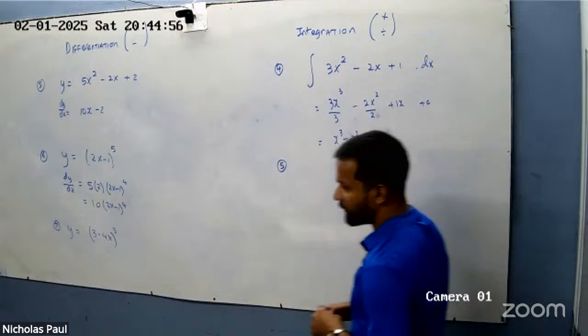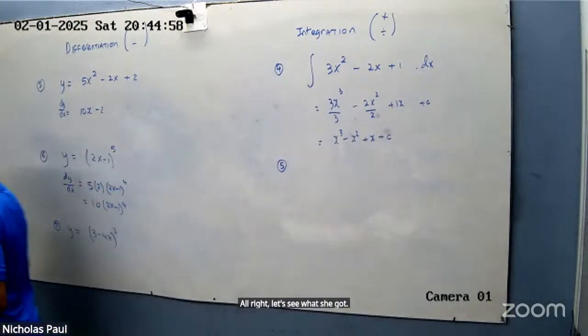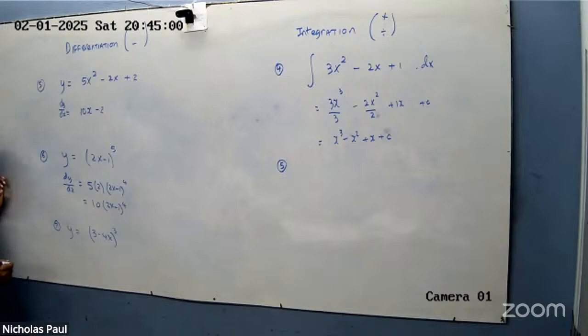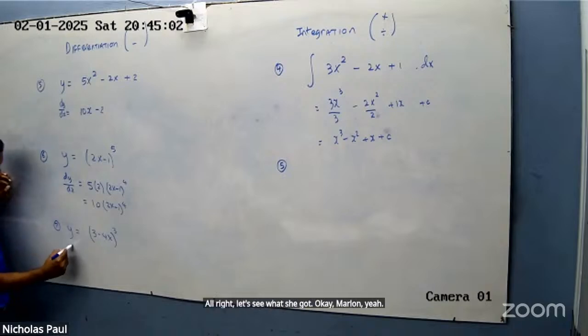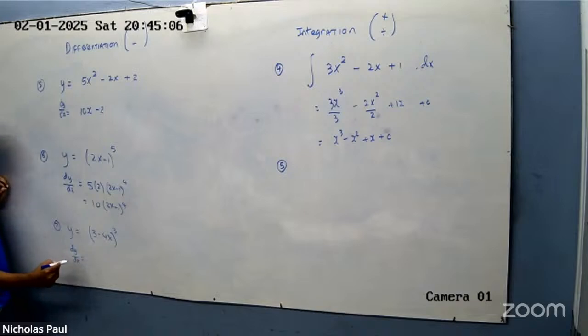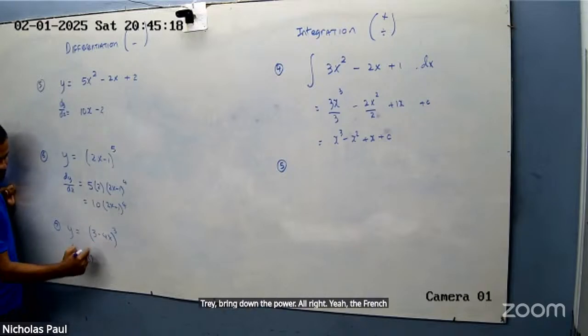All right, let's see what you got. But hurry up now. Okay, so you're going to put 3. 3, bring down the power, right? Differentiate inside the bracket, so you're going to put 4.